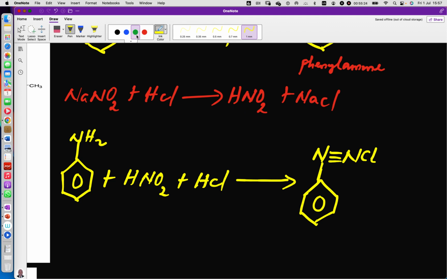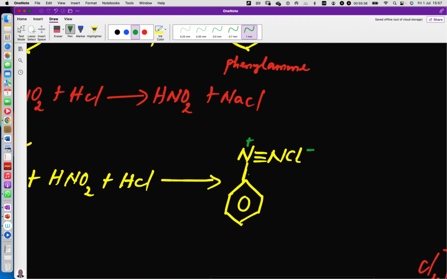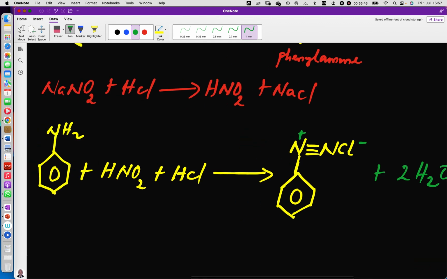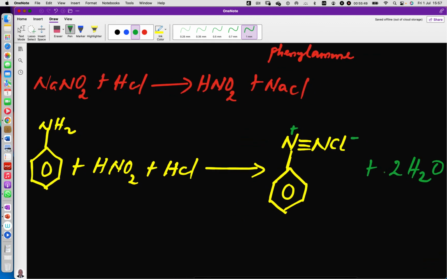We have this as a salt with a positive charge, and we have chloride here, plus 2 molecules of water. So this is the salt that is being formed.